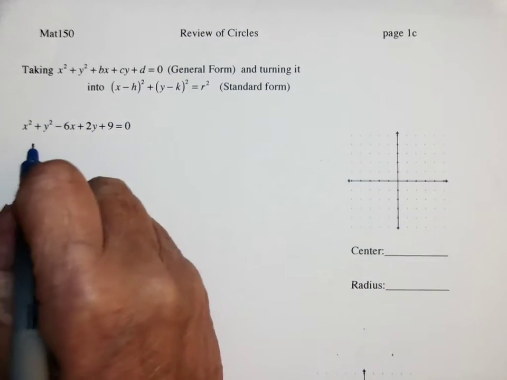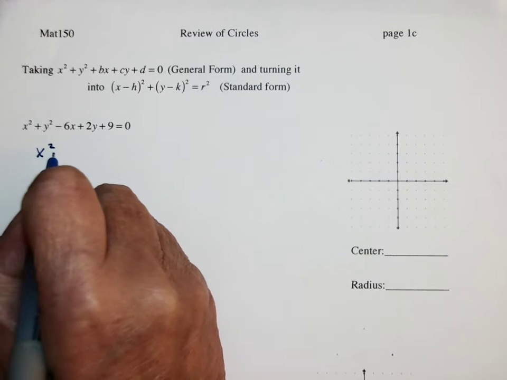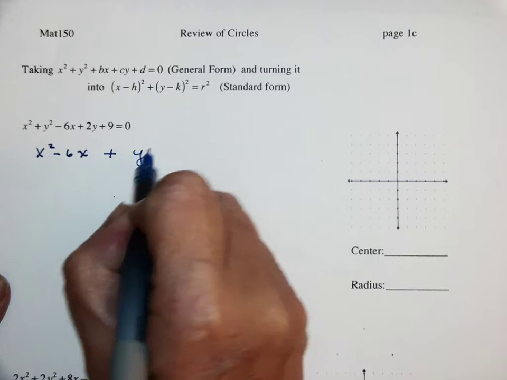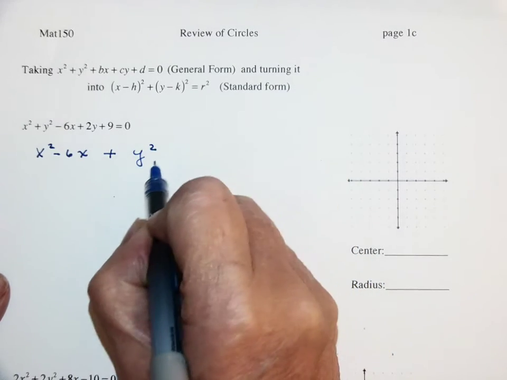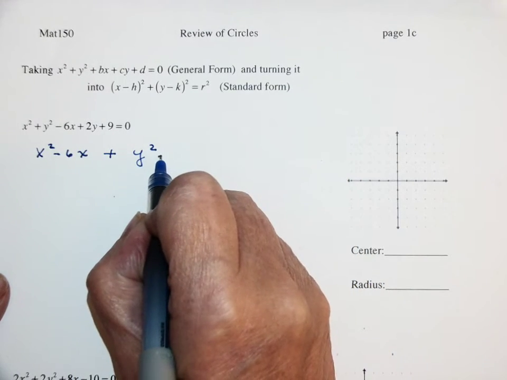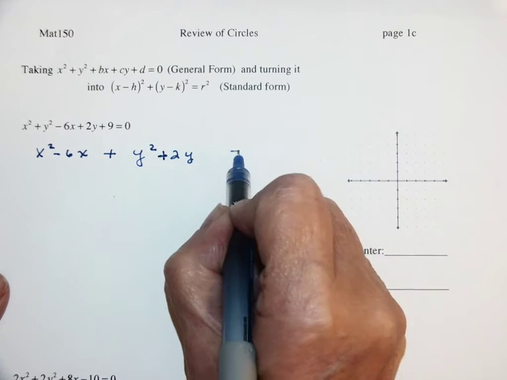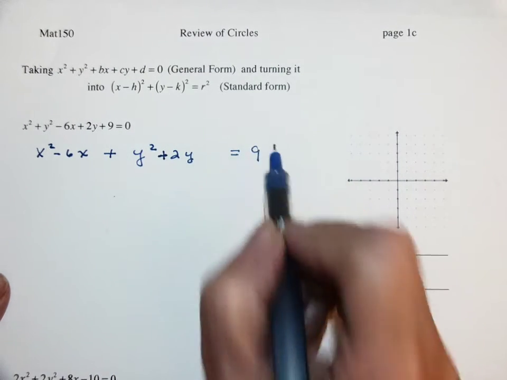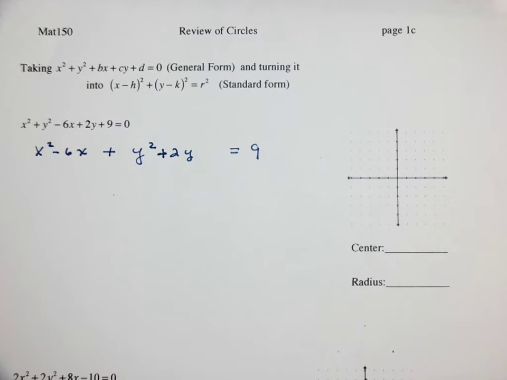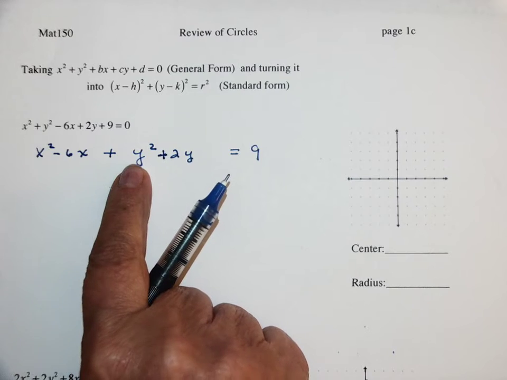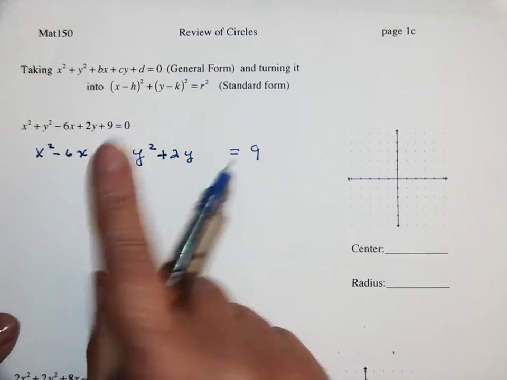So the first thing we do is we group our x's together, group the y's together, and kick the constant to the other side. So the leading coefficient is 1 on x squared and y squared. I don't have to do anything with that.